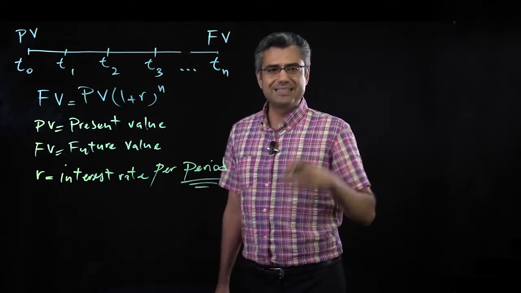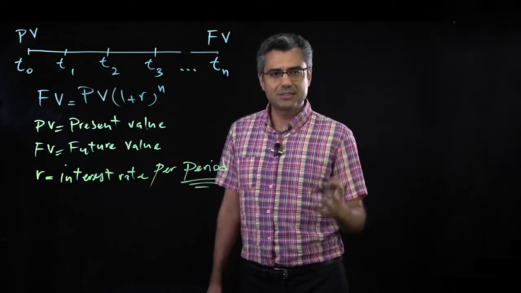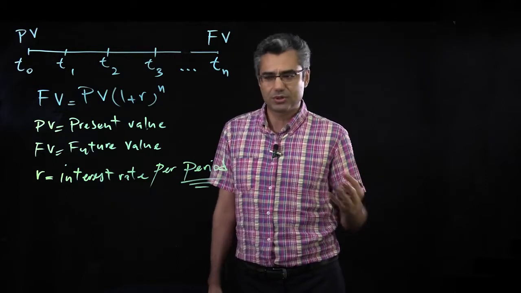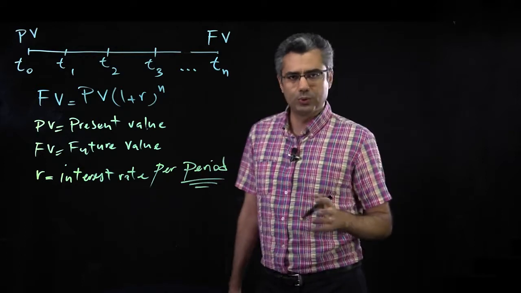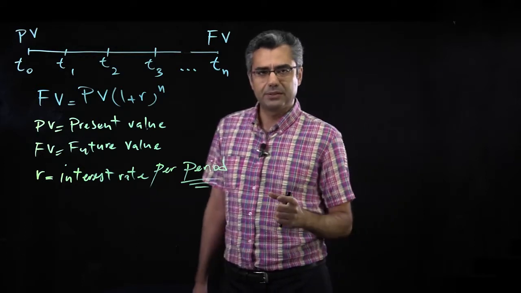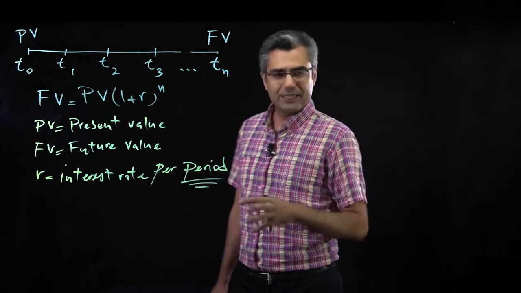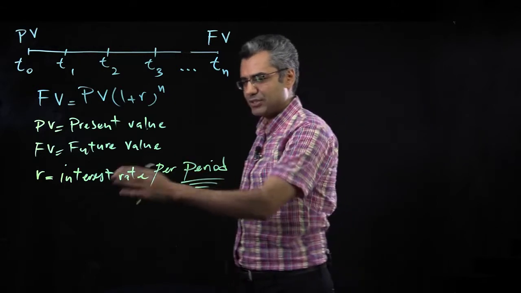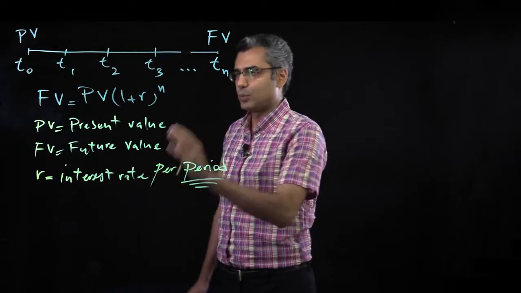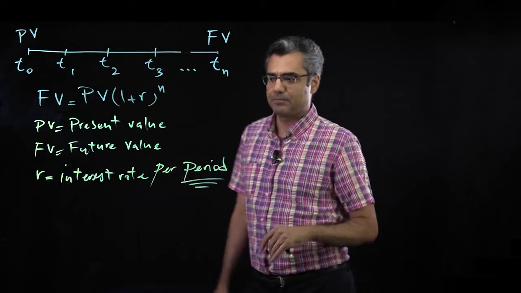Sometimes the period is a year, sometimes 6 months, sometimes 3 months, sometimes a day. So the first thing you need to do is to identify the period. In most examples that you will see, we assume that the period is a year. So the interest rate per year will be inserted in the formula.